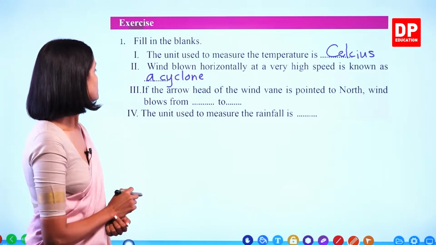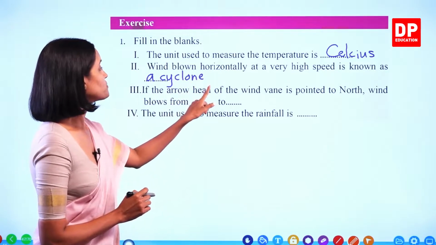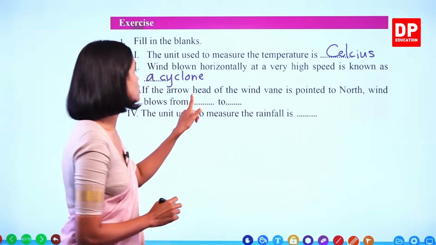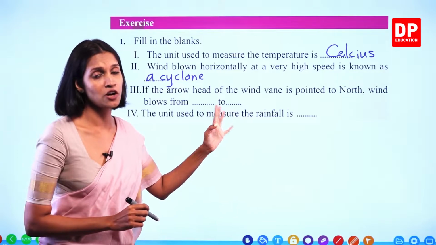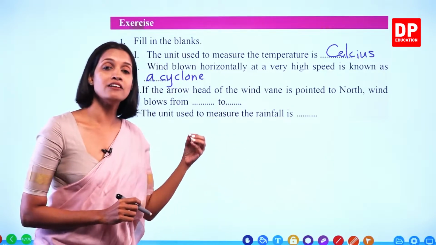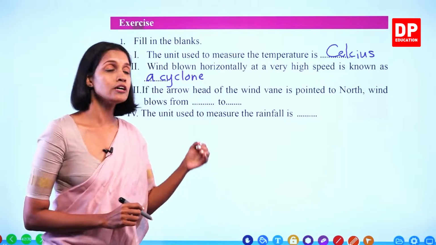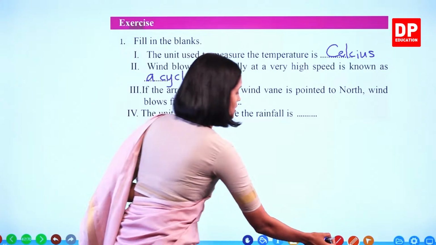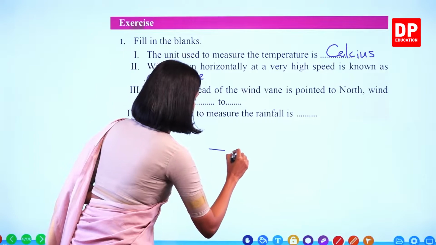Number 3. If the arrowhead of the wind vane is pointed to north, wind blows from. Do you remember how we made the wind vane? And we use the wind vane to find the direction of the wind. Okay? So do you remember how we made that one?